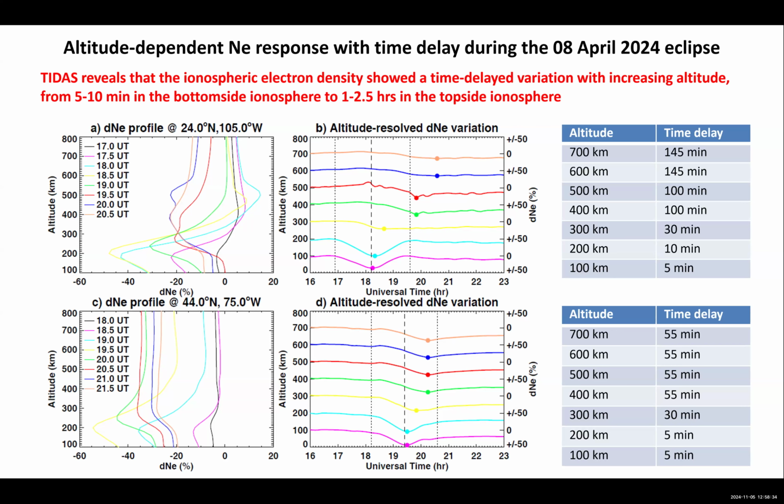For those datasets, we need to do a preliminary manual check to make sure that the hmF2 and foF2 are reasonable. After that, we may be able to add that into the data assimilation tool in the future. All right, thank you. Thanks.